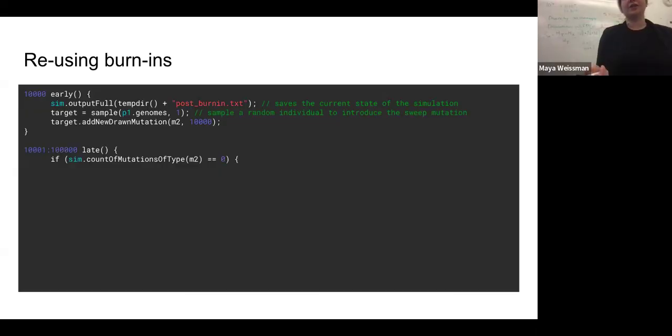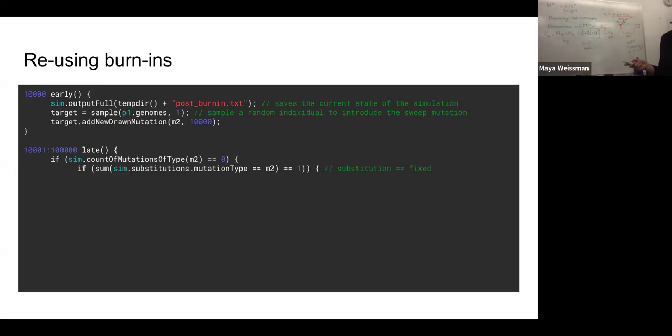Then, I mentioned this before, but in this particular recipe, I didn't use the convert to substitution trick. So now instead of something reaching fixation, it's going to reach a frequency of exactly 0. So if the frequency of M2 is ever 0, I'll first check to see if it actually is because it's substituted, in which case it fixed, and then I'll say the simulation is done.